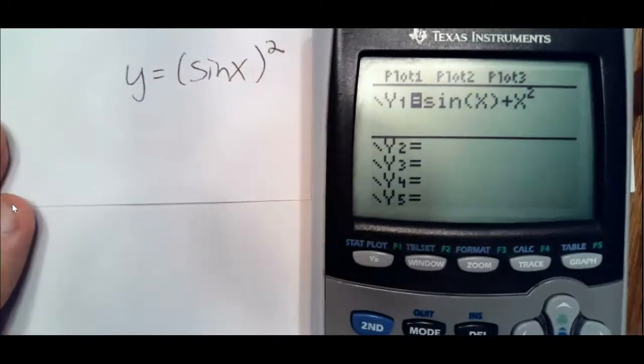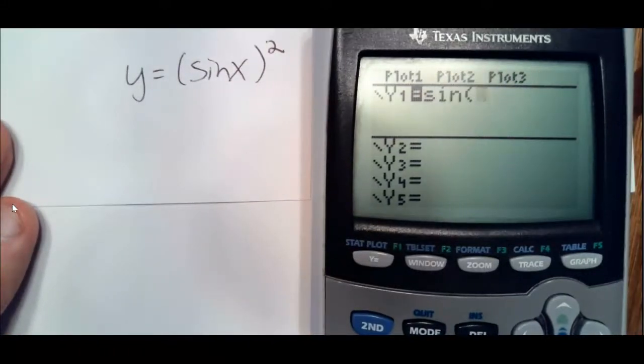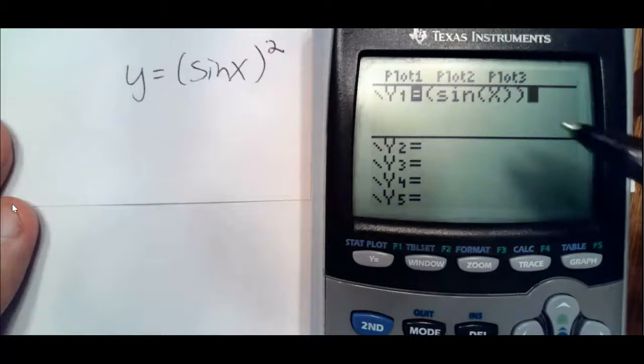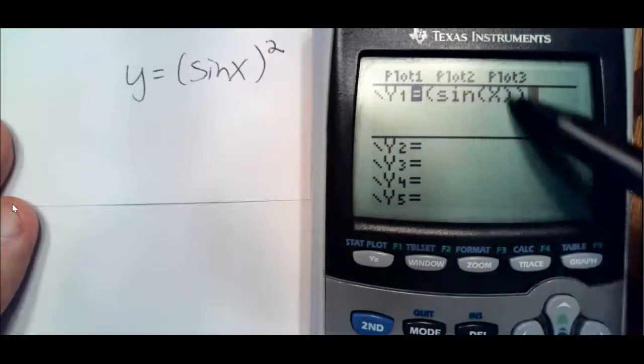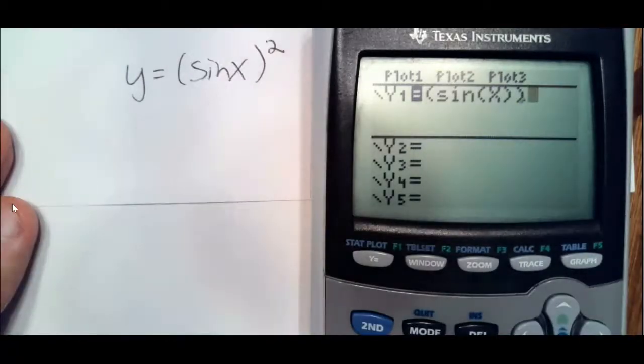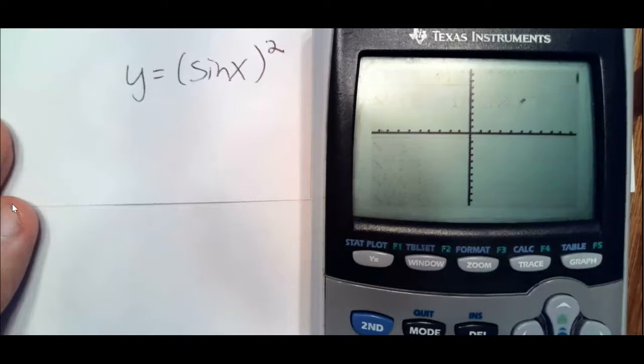Come back into your calculator and put in parentheses, sine x, then a second parenthesis because we have this whole thing here, which is going to be squared. Graph.